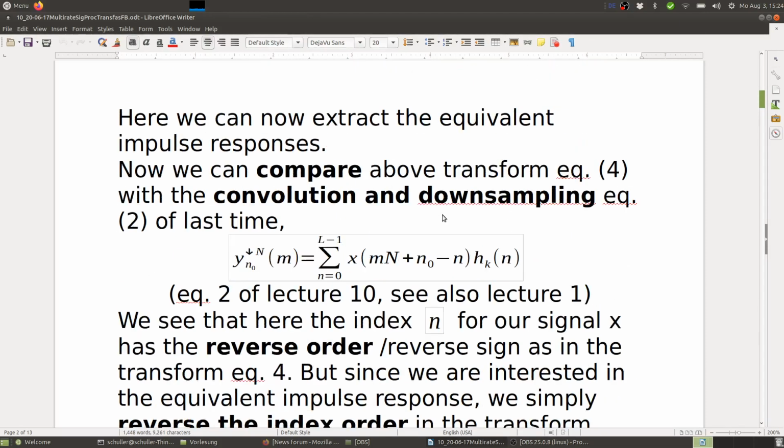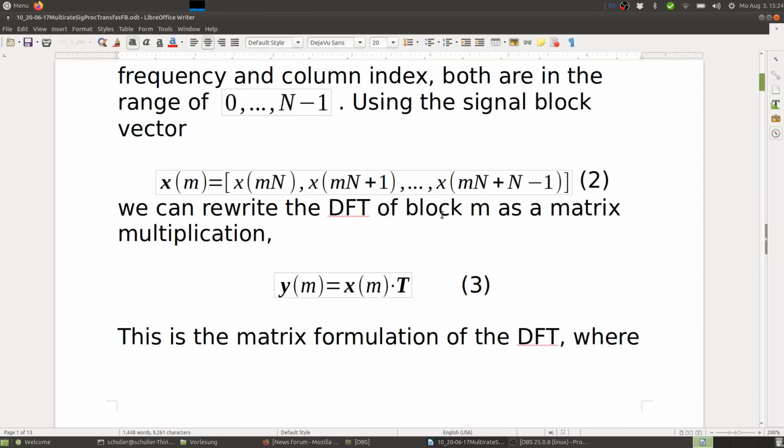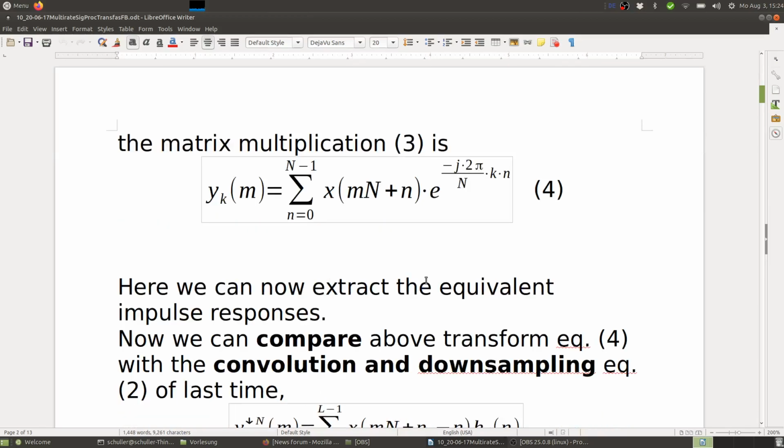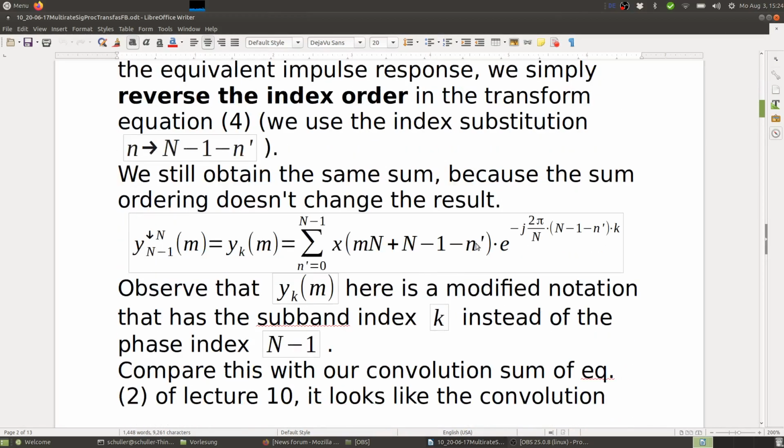So now we try to make our transform equation number 4 more similar to the convolution equation from the filter bank. Now we turn this into a negative index n prime, which we can see here. So now this fits to the convolution equation, and we can also see that we have the time reversal in this transform kernel. So actually this shows now that our impulse response is the time reversed transform kernel from the DFT.